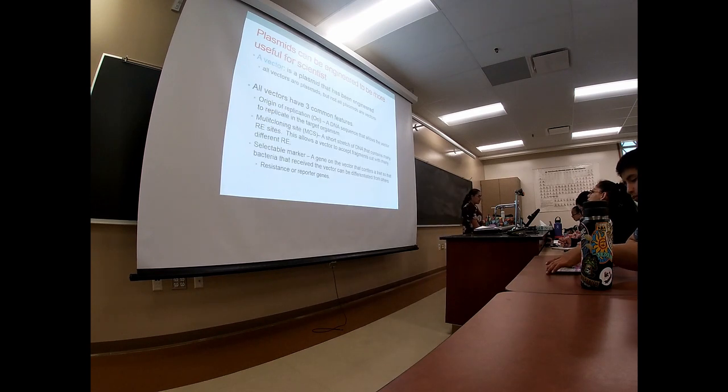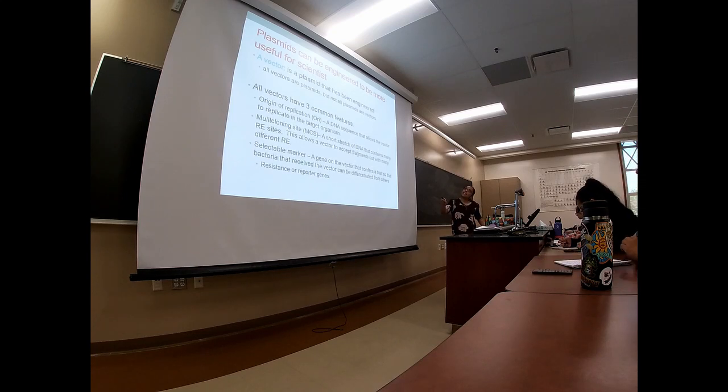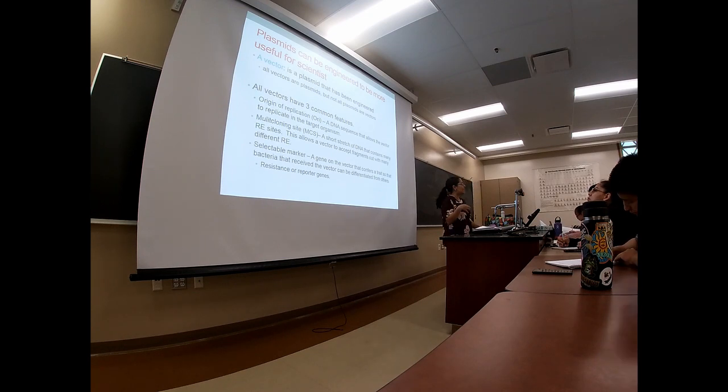They can be. And so these plasmids were extracted from bacteria, but we've actually kind of stepped in and intervened and made them even more useful. We've engineered them a little bit to make them more suited for what we need. And so plasmids, it says, can be engineered to be more useful. And so oftentimes you're gonna hear the word plasmid and vector used interchangeably.